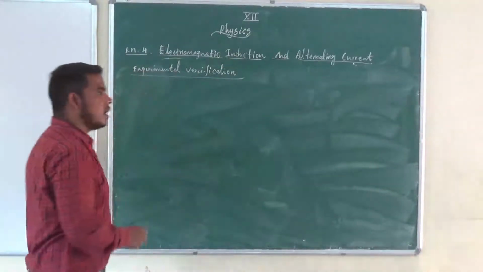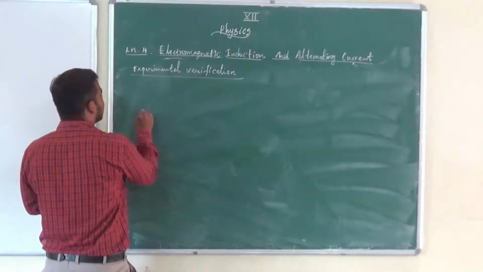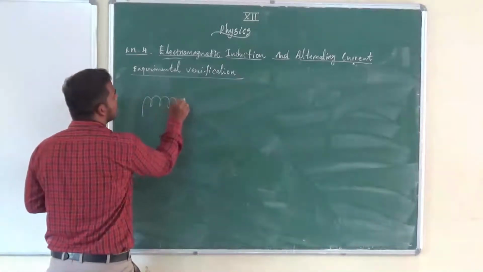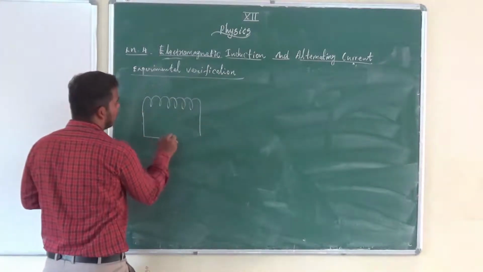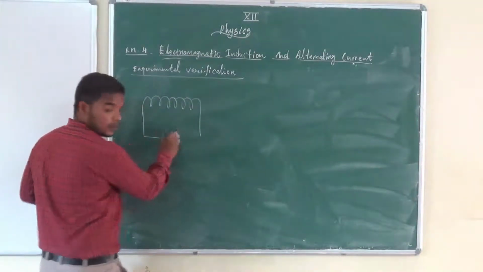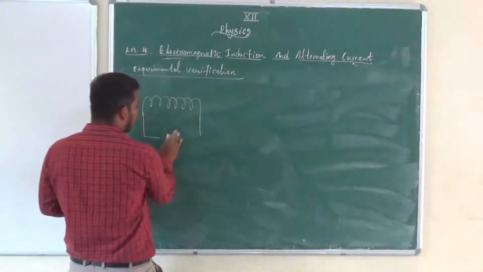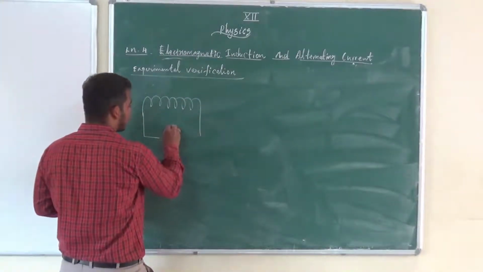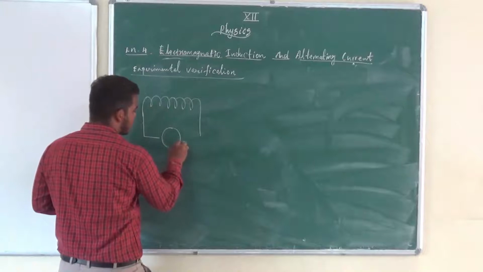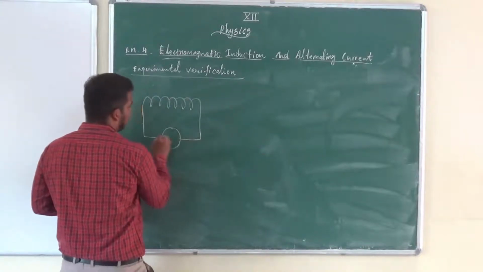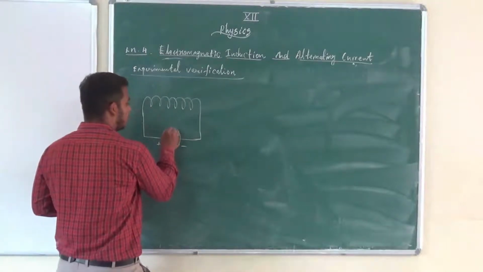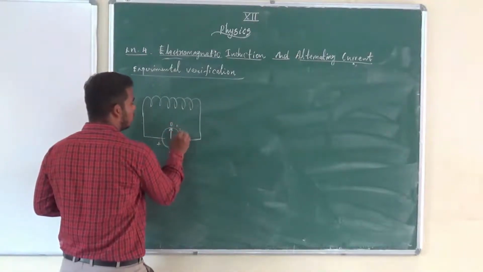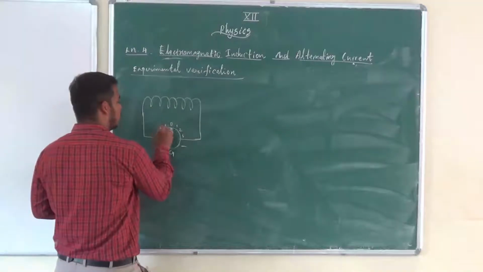Experimental verification. I'll take a coil. The coil is connected to a galvanometer, with positive and negative terminals; the galvanometer needle goes 0, 1, 2, 3.